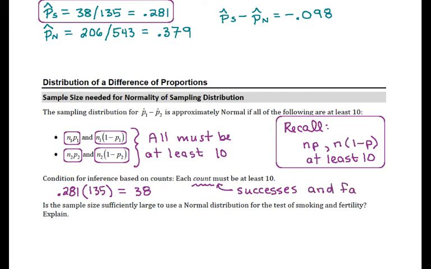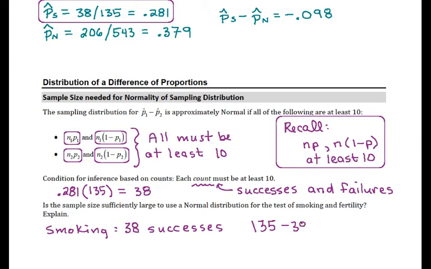So let's look at successes and failures in this pregnancy and fertility example to see what I mean by that. If we had, for smoking women, 38 successes out of a total of 135, the other count that we're missing is 135 minus 38 failures.